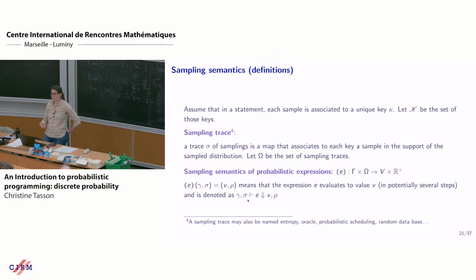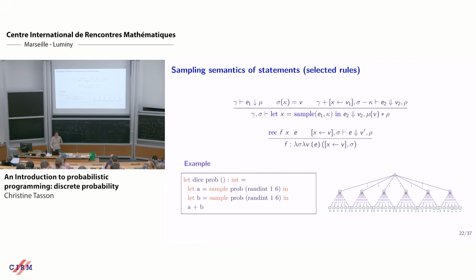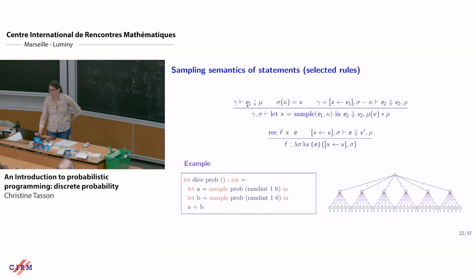It's just to change a little bit between the formulations. Okay, so some rules. Let X equal sample in. First, I evaluate E1. It will produce mu in the environment gamma.